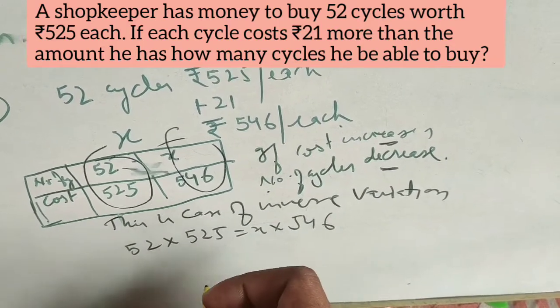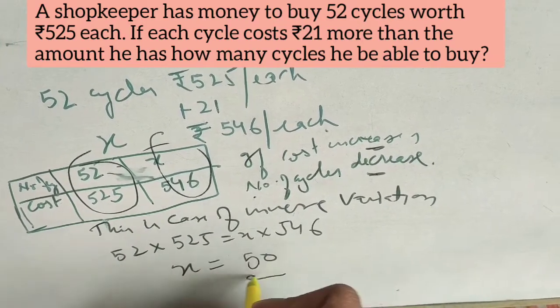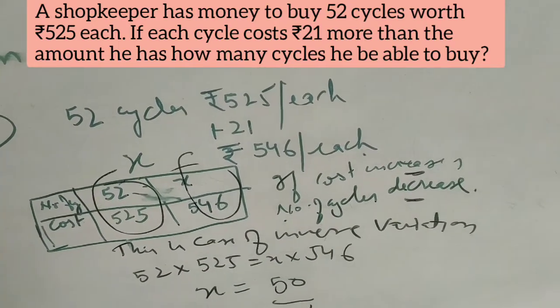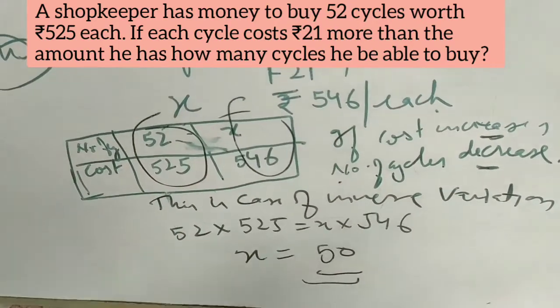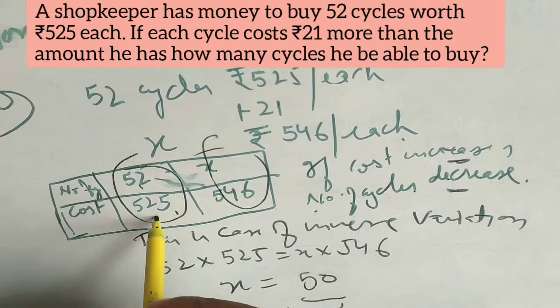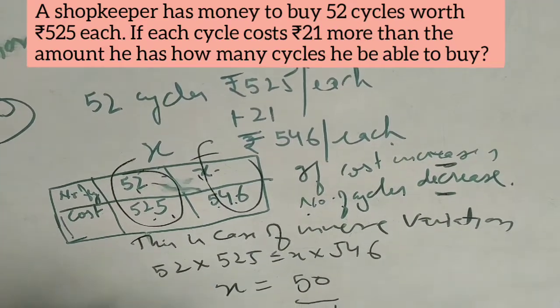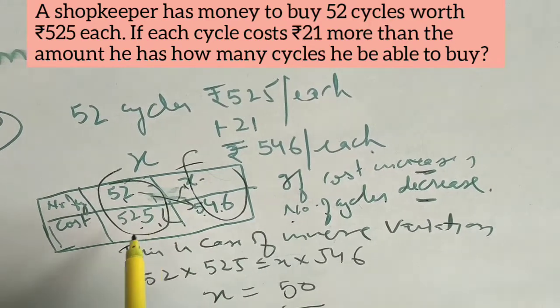So from this we can find out x will be 50. So he had money for 52 cycles, but due to the increased price he would be able to buy only 50 cycles. Okay. In inverse variation we multiply the terms in columns and put an equal sign between them, whereas in case of direct variation we have done the cross multiplication.